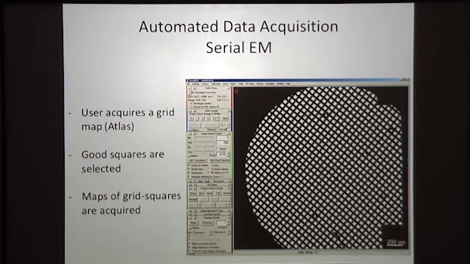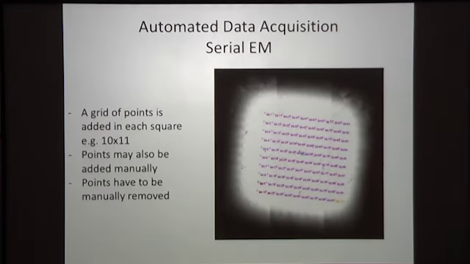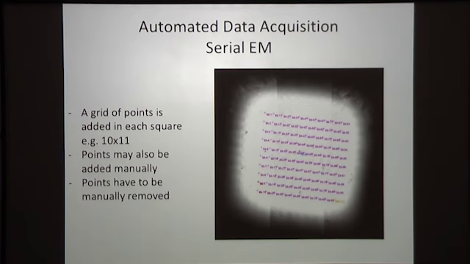Again, the user sets up a grid map or an atlas, selects the good squares, and then collects more images of those grid squares. Then you select the holes. The hole selection is done a bit differently. Instead of going by ice thickness, you create a lattice of points by defining 3 corners of the lattice and the distance between the holes, and then it will automatically set the points in your holes. You can also manually add or remove holes.